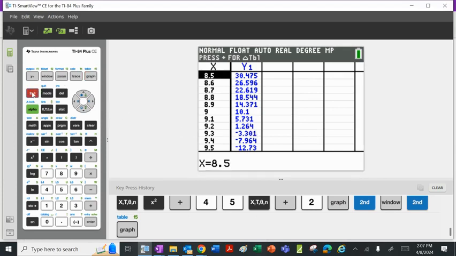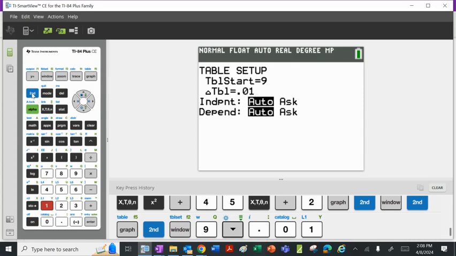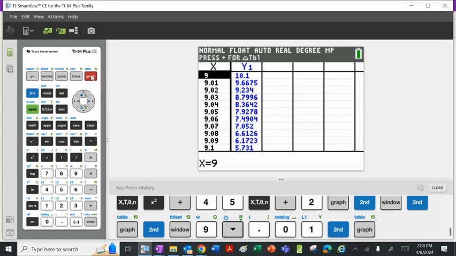So I'm going to go back into table set. I'm going to start it at 9, and change my delta table to 0.01, so I have a more accurate idea of when it crosses. Now we just arrow through. My numbers are getting smaller, but they're still very positive. There we go. Okay, so at 9.22, it's at 0.35, and at 9.23, it's at negative 0.01.